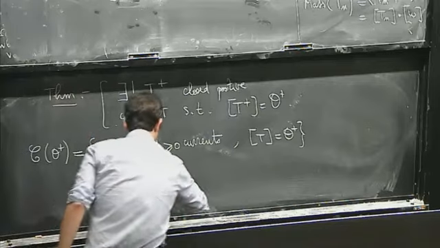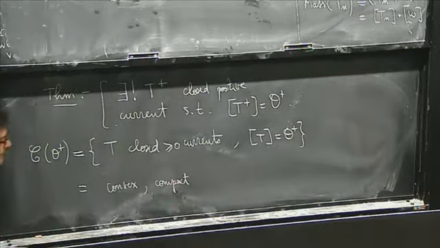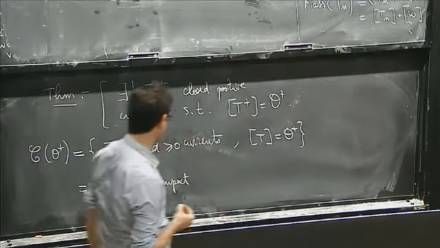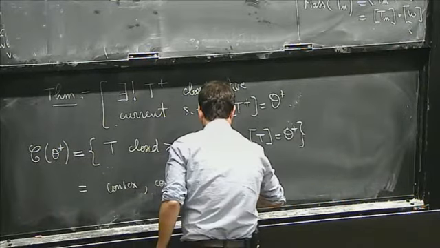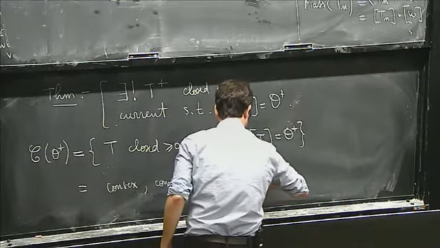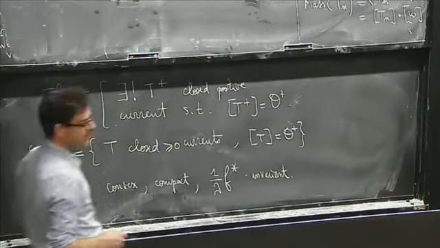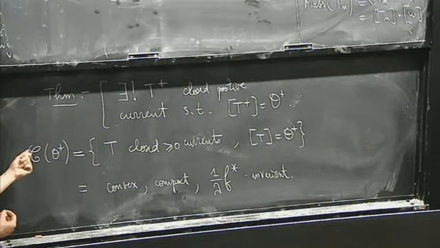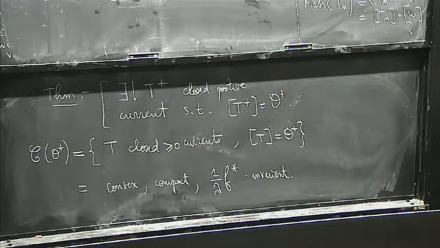It's compact for weak convergence, just because we fix the mass of the current when we fix the cohomology class, and it's invariant under this transformation. And what I am saying is that, in fact, this set is just one point. So let me sketch the proof when X is a K3 surface.